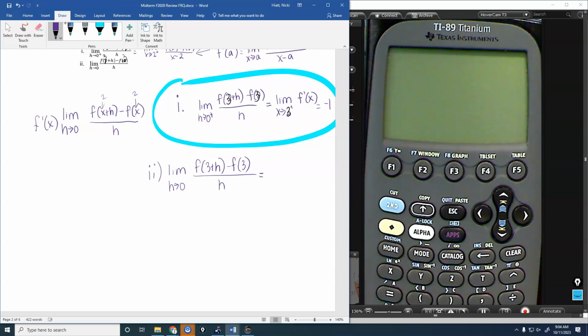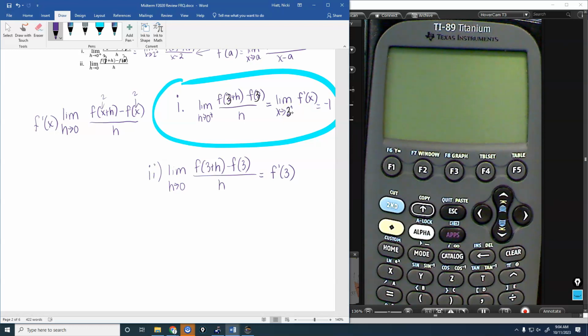What is it equal to in terms of derivatives? It is f prime of 3. It's not from the right or the left because it's not got a plus or a minus behind here. So this is just straight limit f prime of 3. Up here, we were only coming from the right, so we had to use that limit notation to show we were coming from the right. That's the only way we know how.